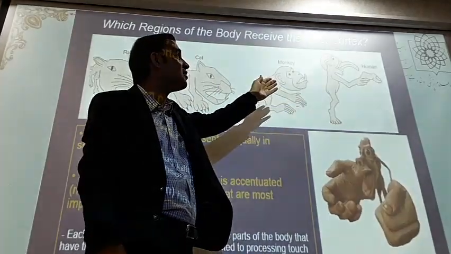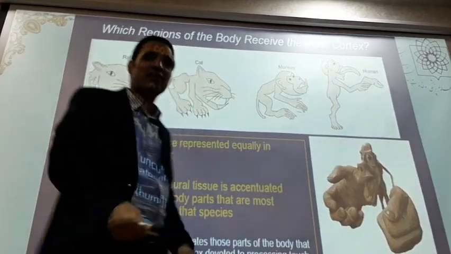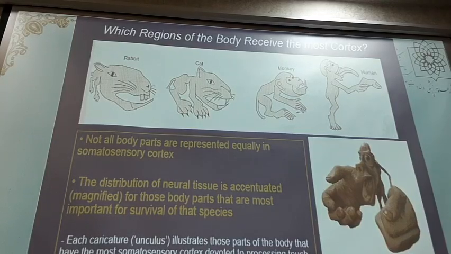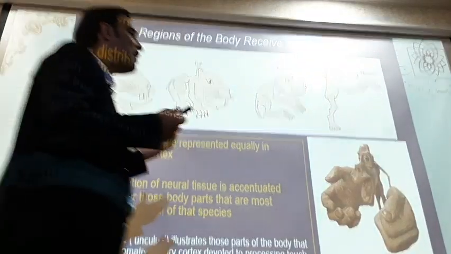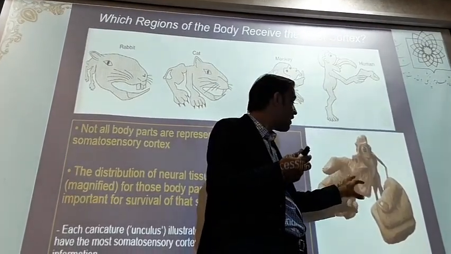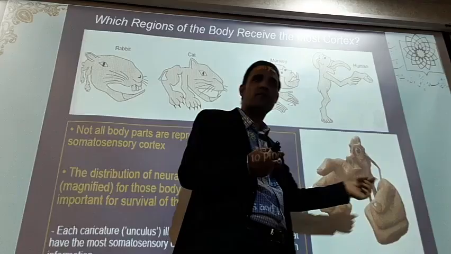This is the picture that we have in our cortex. It is a caricature, as you see. We say that this is the picture that our brain has about us. Very large face, very large hand, but very small leg.